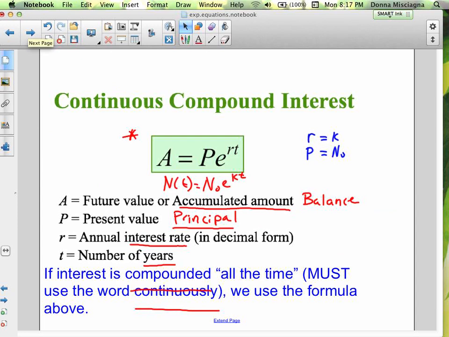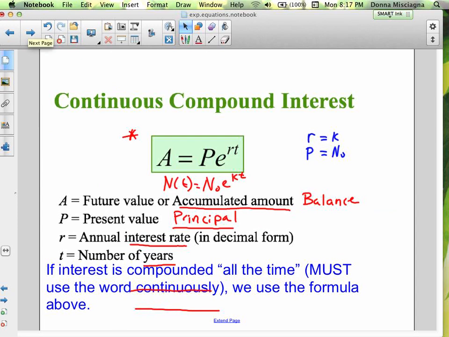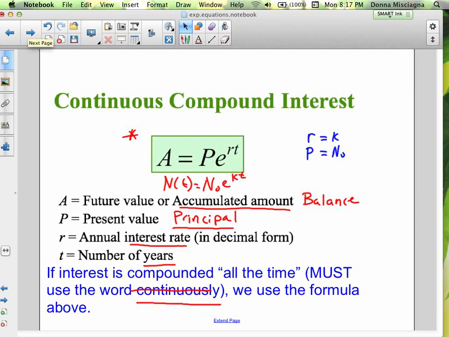All right, so continuous compound interest. Now if we're dealing with compound interest, there is no decay. This is just an application of continuous growth. So continuous compound interest, A equals P e to the rt, is really the same thing as N of t equals N naught e to the kt, except they use letters that go more with money and money earning interest.